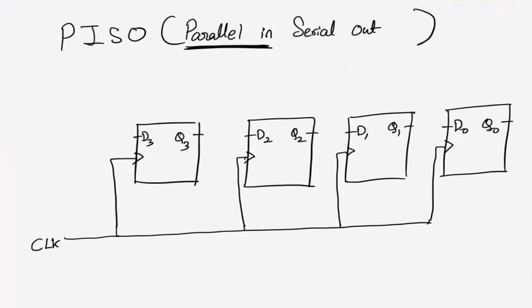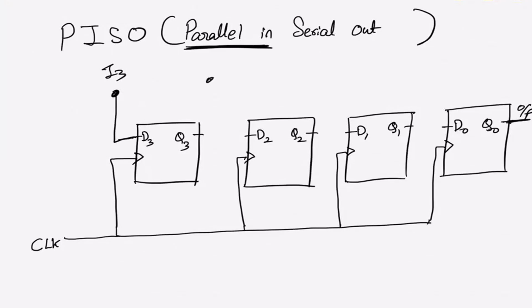So this is the architecture we will use for parallel input. Parallel input means that at a time we need to provide all 4 bits. But we are taking our output from a single point, that is, only one wire from where we are taking our output. So for giving my data in a parallel manner, the first point is this one, and here I need to give the I3 bit.